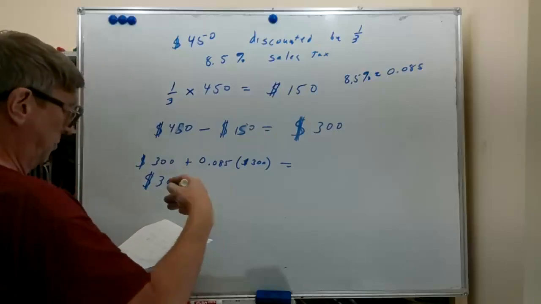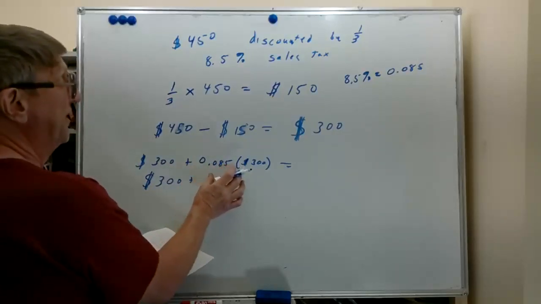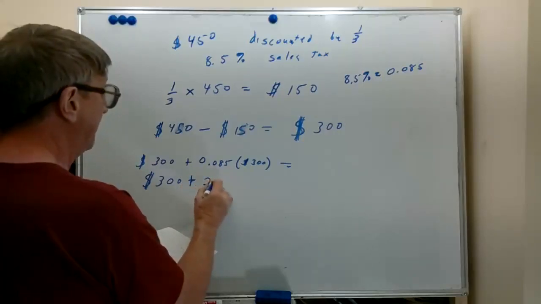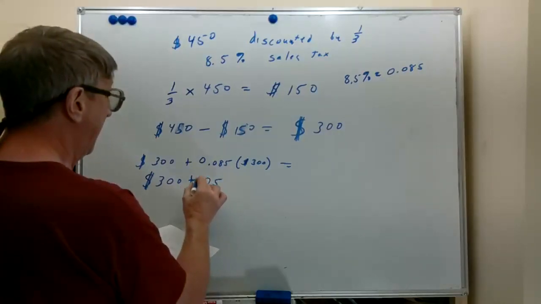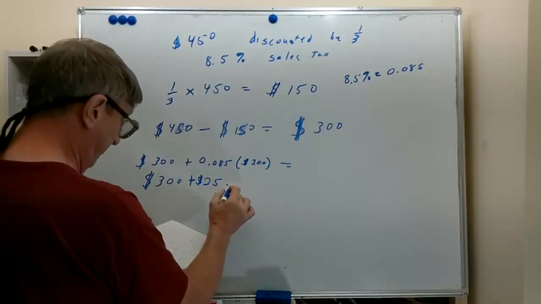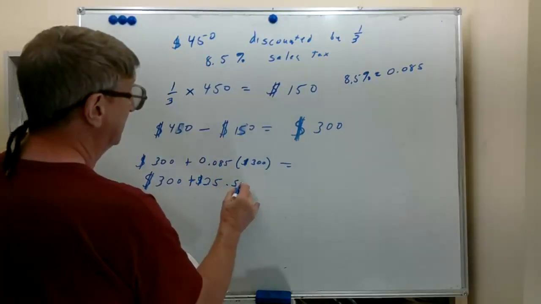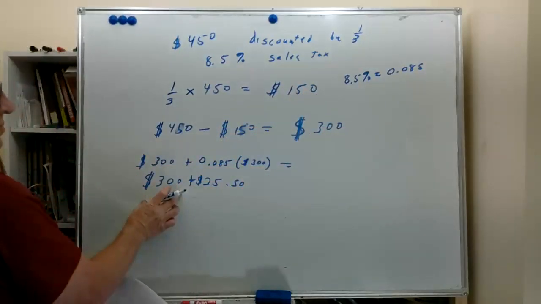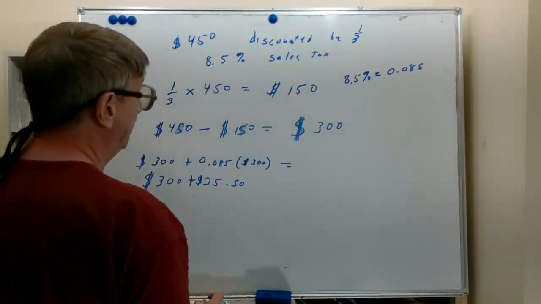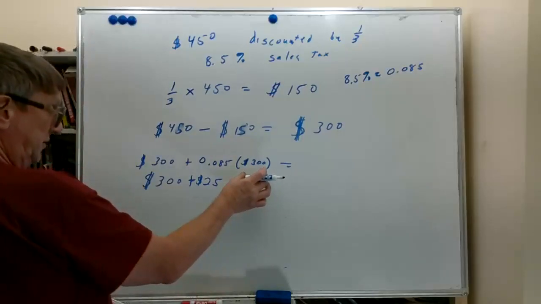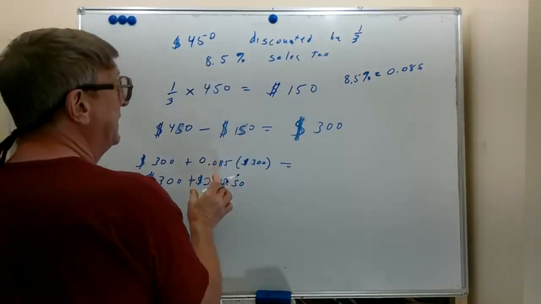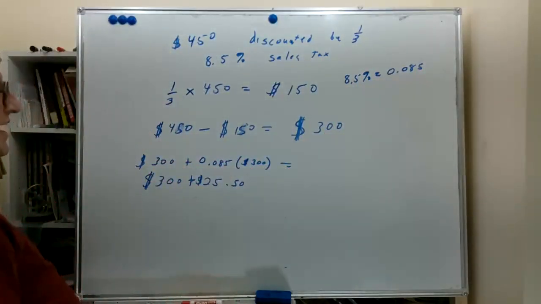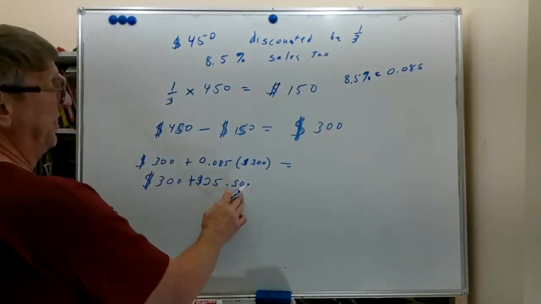The sales tax, we go 0.085 times 300 comes to $25.50. So we found our discount, we subtract that to get a $300 sale price for the bicycle. We took our $300 sales price for the bicycle, multiplied it by the decimal version of the 8.5% sales tax, we come up with a value of $25.50.